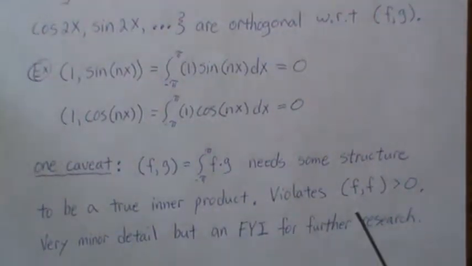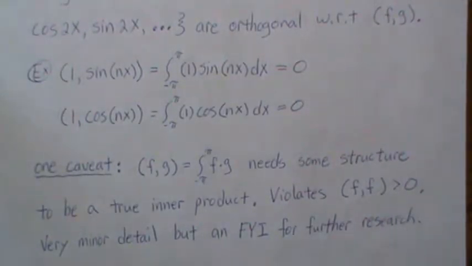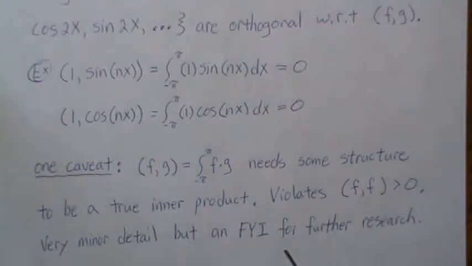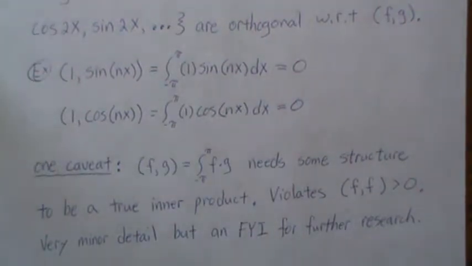You can have a function dotted with itself but be 0. But in actuality, this is a very minor detail, and it's easily fixable. You can create what are called equivalence classes for functions. We're not going to cover that, but it's just an FYI for further research when you delve more deeply into this topic.